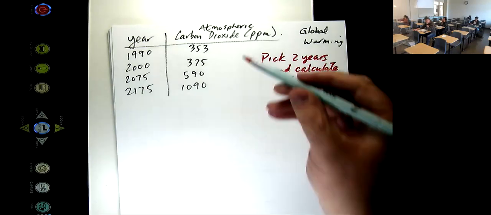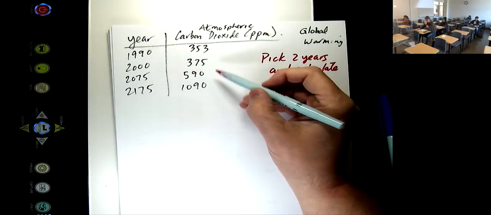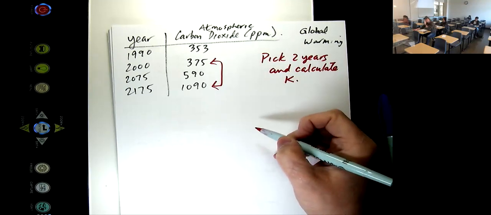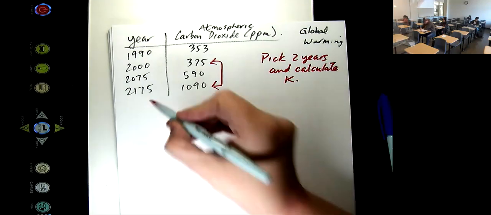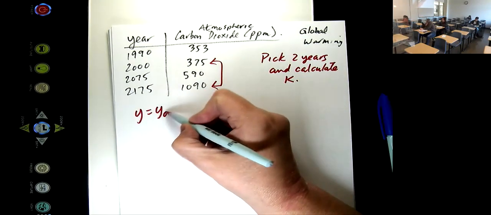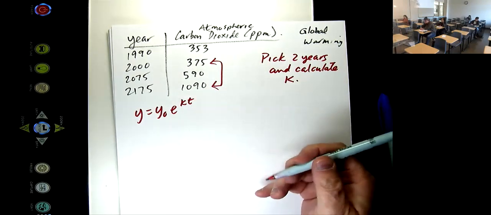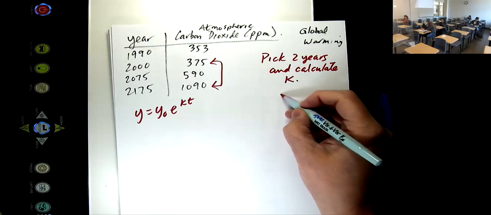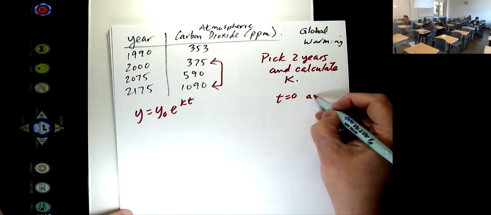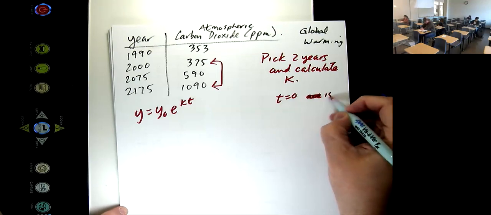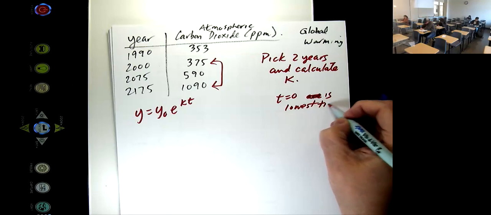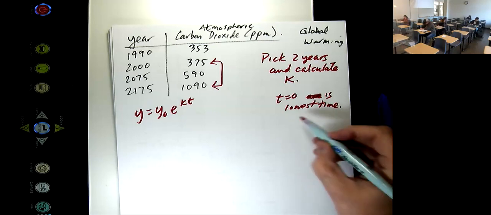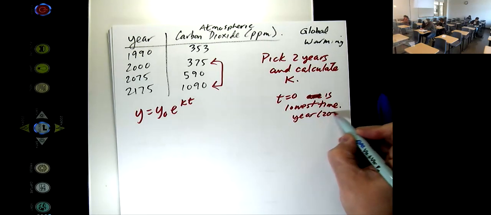So let's go with 2020, 2175. And we are going to do y equals y naught e to the kt. Let's treat t equals 0 as our lowest time, or effectively year 2000 here, with the setup I chose.